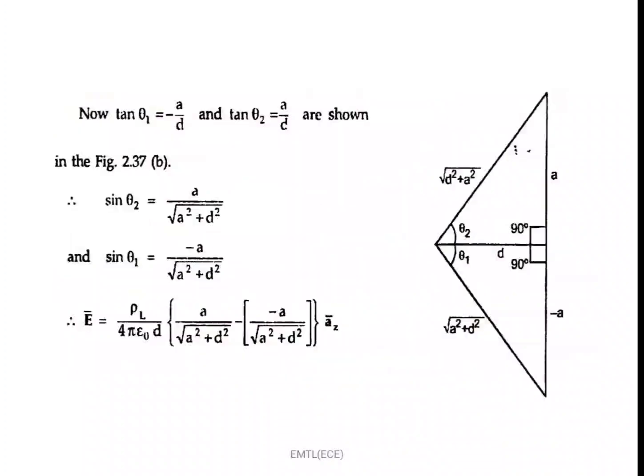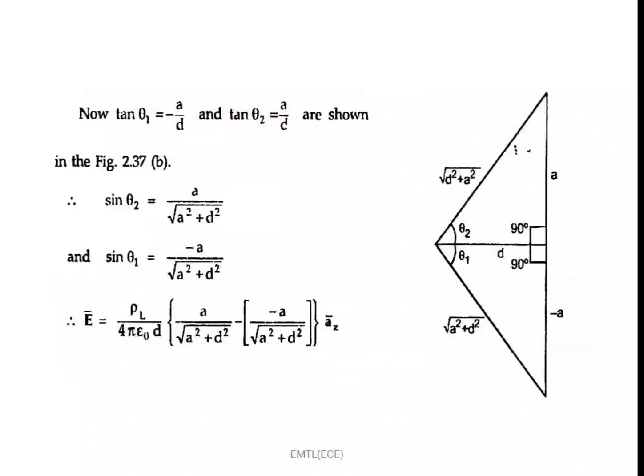And next, tan theta 1 is equal to minus a by d, tan theta 2 is equal to a by d.